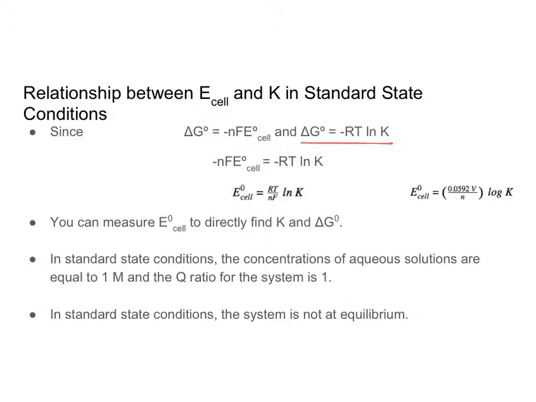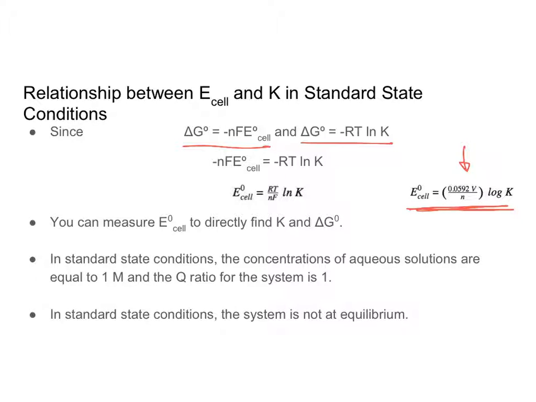You might remember this formula, and now that we have this formula, since they're both equal to the change in free energy, I can set them equal to each other. When I do, I get that the standard cell potential is equal to the ideal gas law constant times temperature over the number of moles times Faraday constant times the natural log of K. If I manipulate that just a little bit, I get this value here.